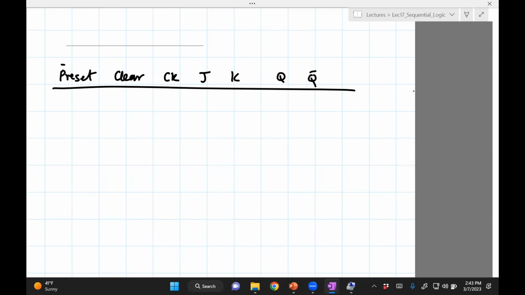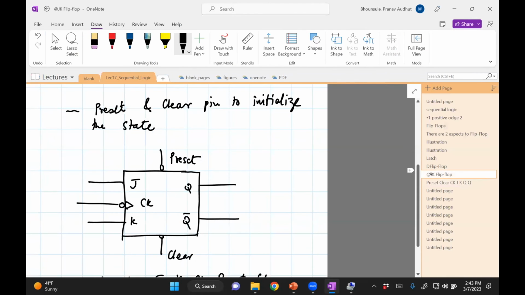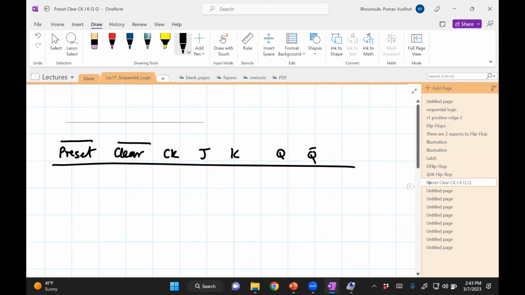I'm going to write preset with a complement, because, if you remember, the preset had this hollow circle, so it's easier to write it with the bar, so that you can accordingly invert it and use it for understanding. So this just makes it more general. If there was no hollow circle, then you can just use the logic here.